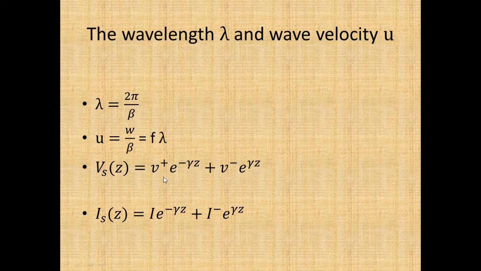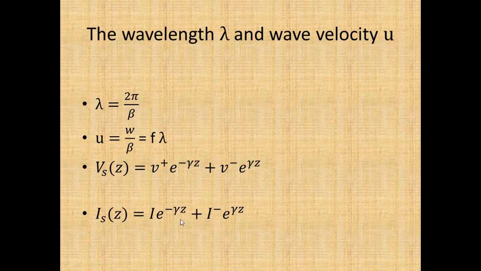The first term represents the wave propagating in the positive z direction, and the second indicates the wave propagating in the negative direction. So it is a combination of two waves, one propagating in the positive z direction and one in the negative direction.